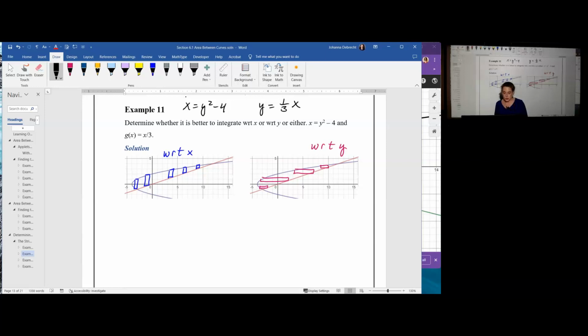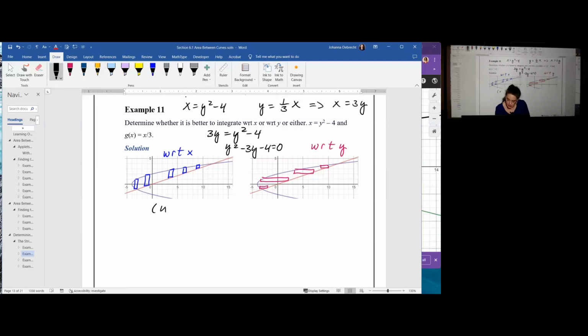I can substitute the value of y into the other equation, or I can take the line and solve it for x by multiplying by 3, and then setting the two x's equal to each other. This would give me 3y equal y squared minus 4, which becomes y squared minus 3y minus 4 equals 0.